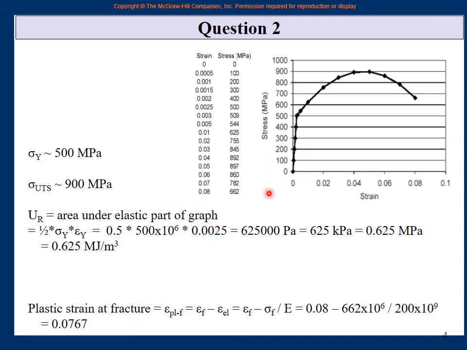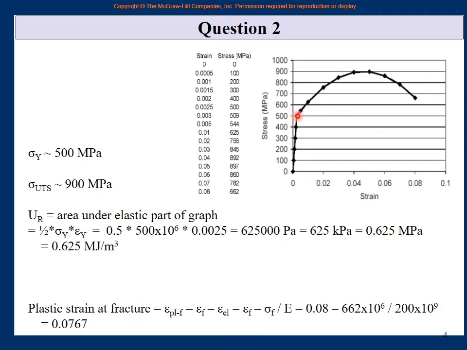For any triangle, you know that triangle area is half base into height, right? Half base into height. So half will be there. The base is the strain at this point and the height is the stress at this point. So this is the yield point. Therefore, half yield stress and half a strain at yield.